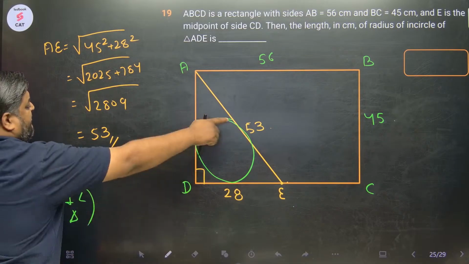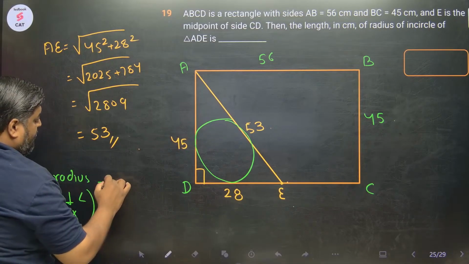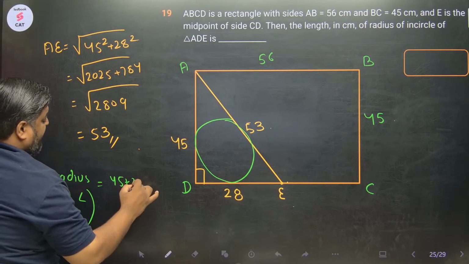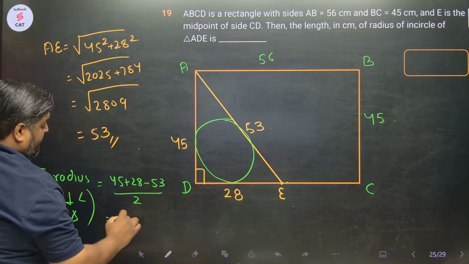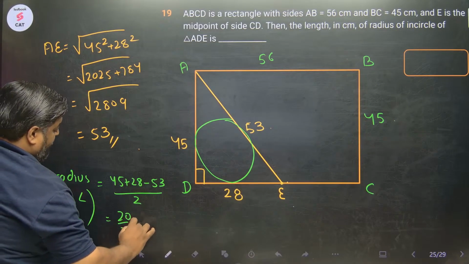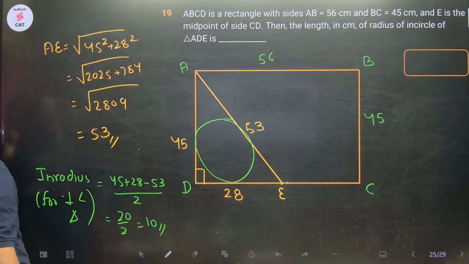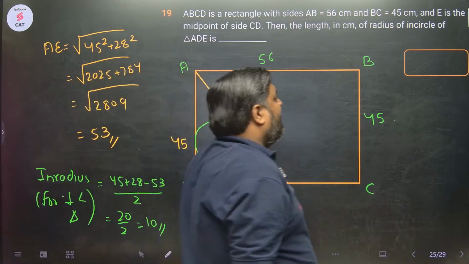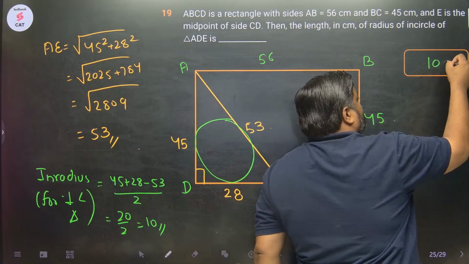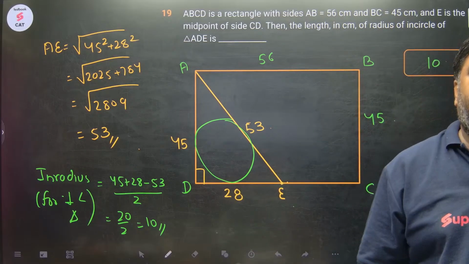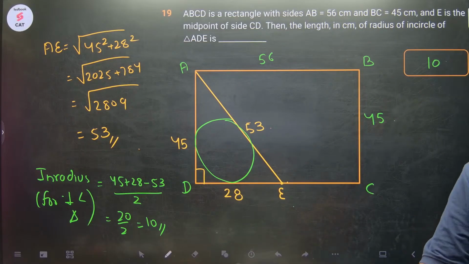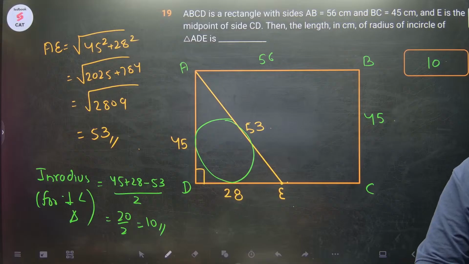Sum of sides minus hypotenuse by 2. So 45 plus 28 minus 53 by 2. This is 20 by 2, which is 10. For a right angle triangle, the inradius is the sum of the perpendicular and base minus the hypotenuse by 2. Sorted?